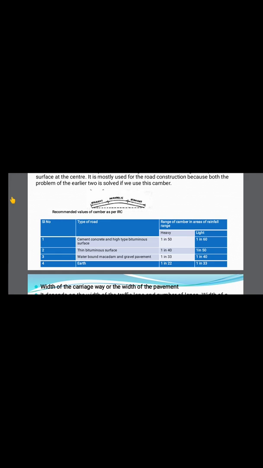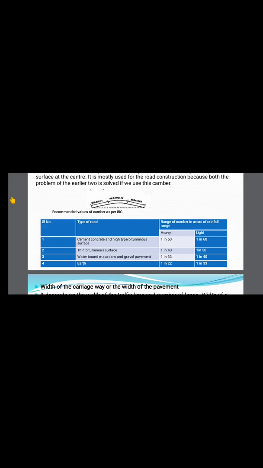The next one is water-bound macadam and gravel pavement. Here the range for heavy rainfall is 1 in 33, 1 vertical to 33 horizontal. In the same case for light rainfall it is 1 in 40, 1 vertical to 40 horizontal.